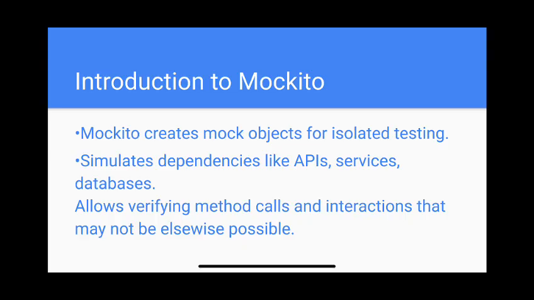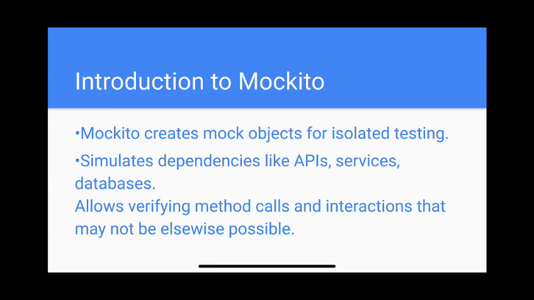But how do you test a code that cannot work in isolation? So that's why we use Mockito to create mock objects and stub behavior to test these units. Using Mockito, we can perform mocking, stubbing, and verification.